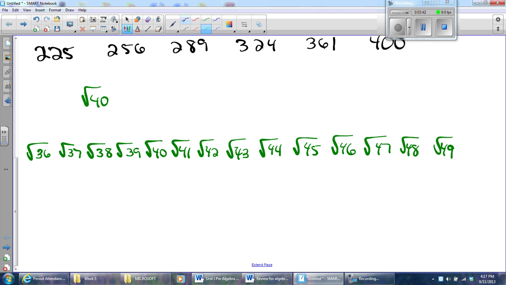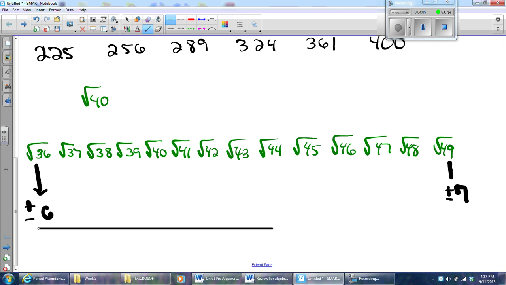Okay, so now I know the square root of 36 is going to be plus or minus 6, and the square root of 49 is going to be plus or minus 7, because there are 2 square roots. So now I'm going to think about a number line, and I'm going to go all the way from 6 to 7.